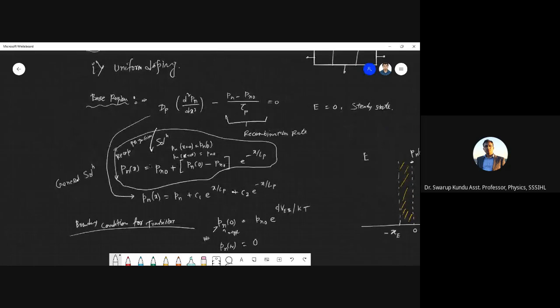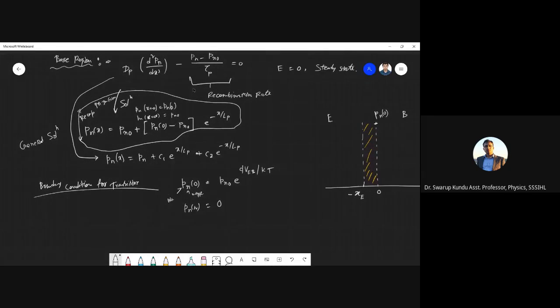For the continuity equation, for the PN junction diode, we solved this continuity equation with the help of two conditions. Now you can solve the same continuity equation with these two boundary conditions. This is boundary condition 1, and this is boundary condition 2. Let's say it is equation number 6.